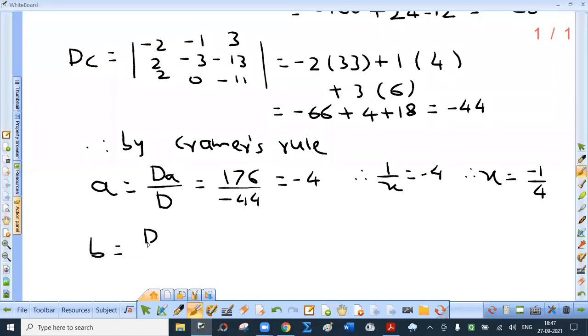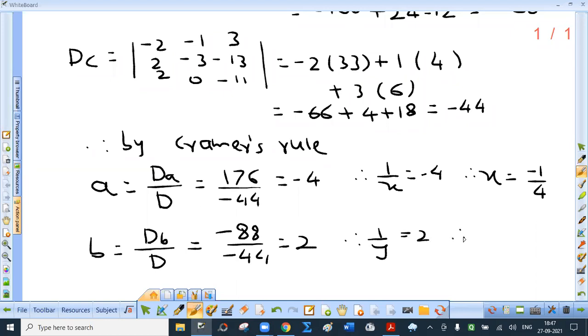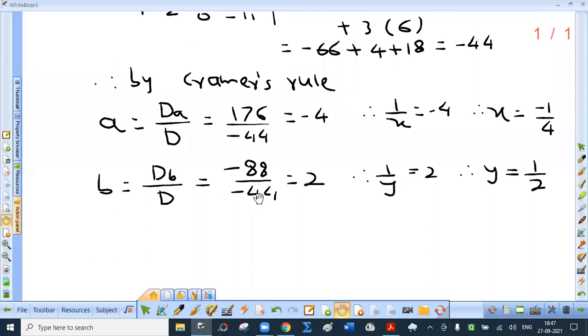What is b? Db upon D, that is minus 88 upon minus 44, that is 2. 1 upon y equal to 2. So what is y? It is 1 upon 2. C equal to Dc upon D, minus 44 by minus 44, which is 1.